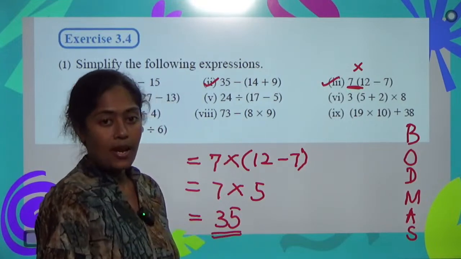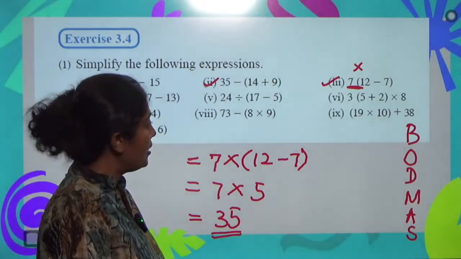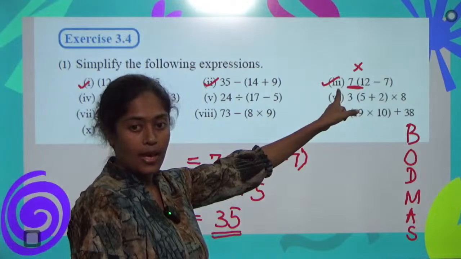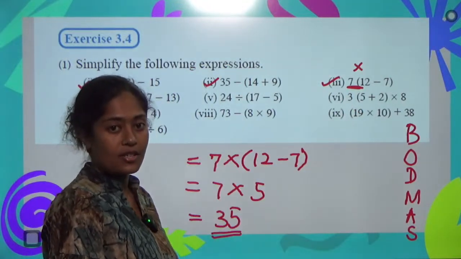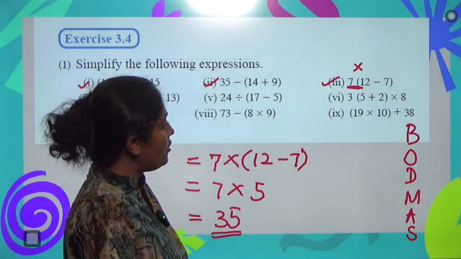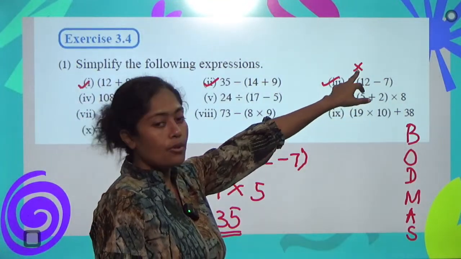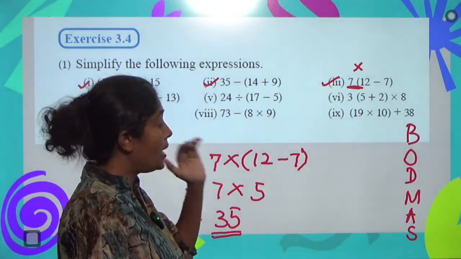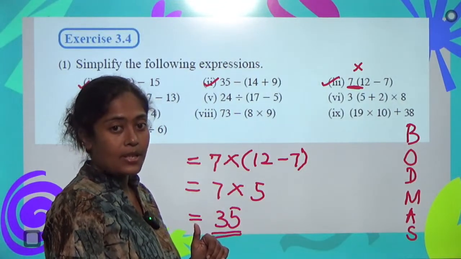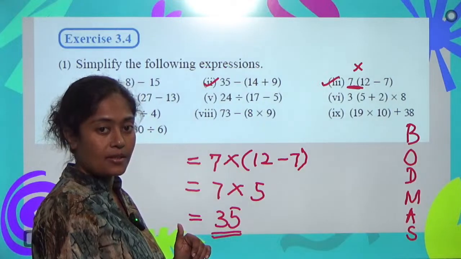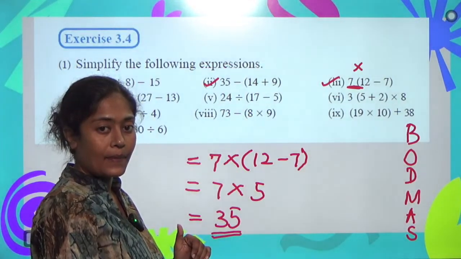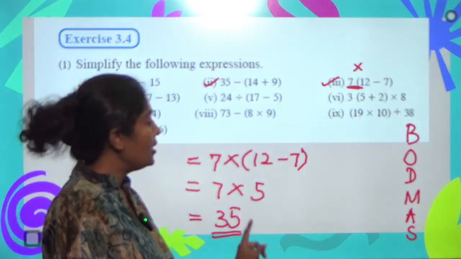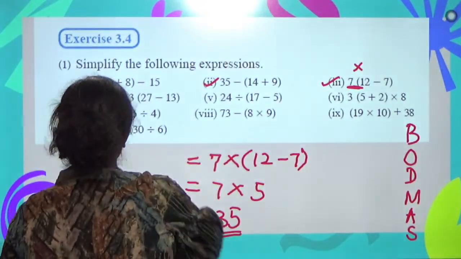What is the thing you have to learn in this question? In between a number and brackets, whether you have a whole number, fraction, decimal, any value, in between these two you have a symbol, that is multiplication. The mathematical operation is multiplication. Is that okay? So you have to simplify this one alone, then do this one, the fourth question.